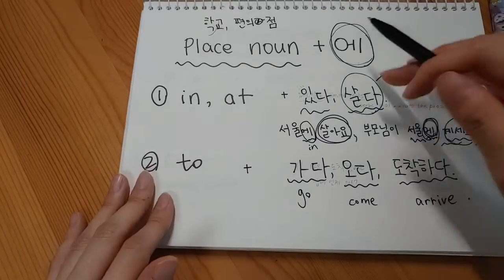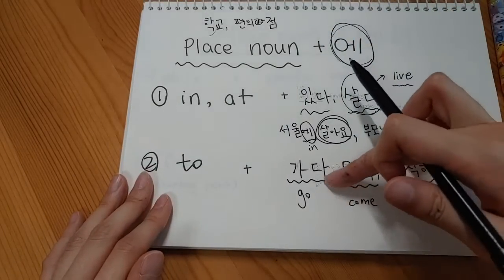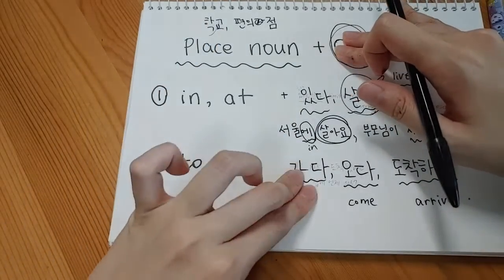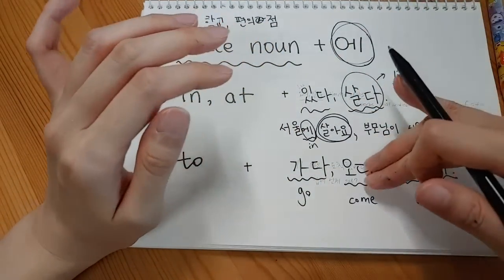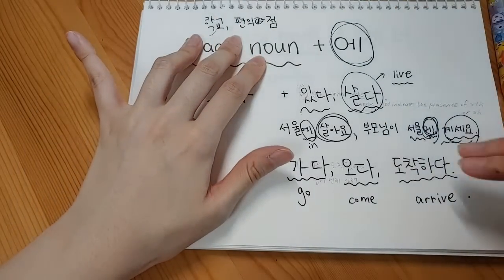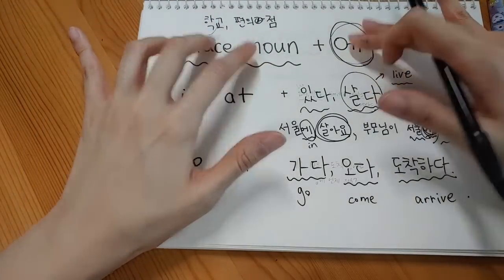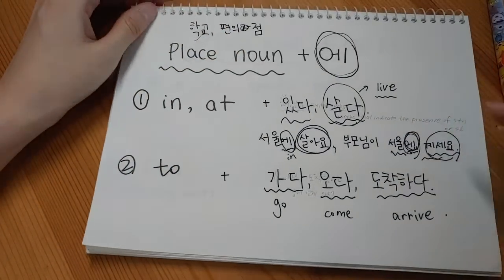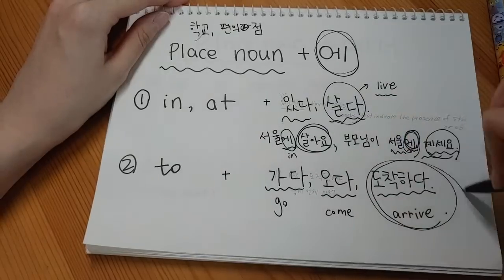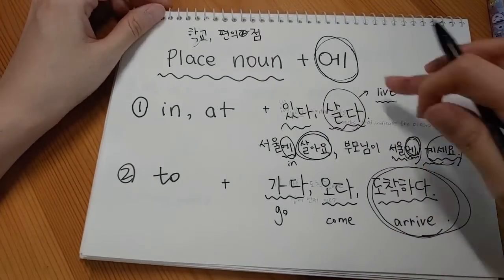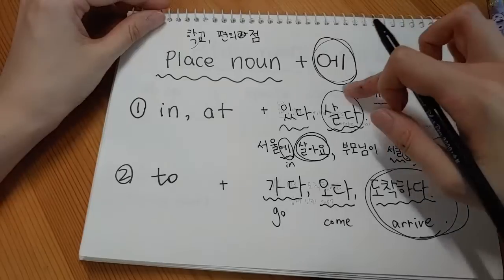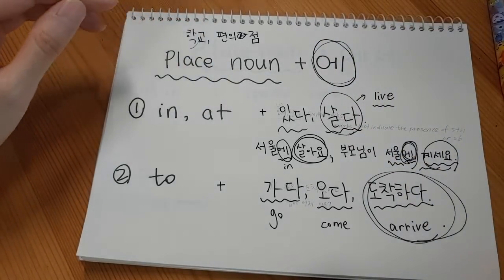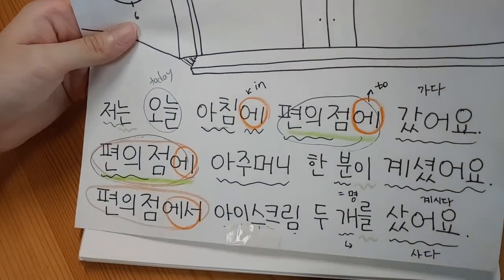So when you use 에 before these verbs, it means to go to a place, to come to a place, to arrive at a place. I know that in English you say arrive at a place, but in Korean, this verb 도착하다 is usually followed by 에. It usually comes with a particle, arrive to somewhere.